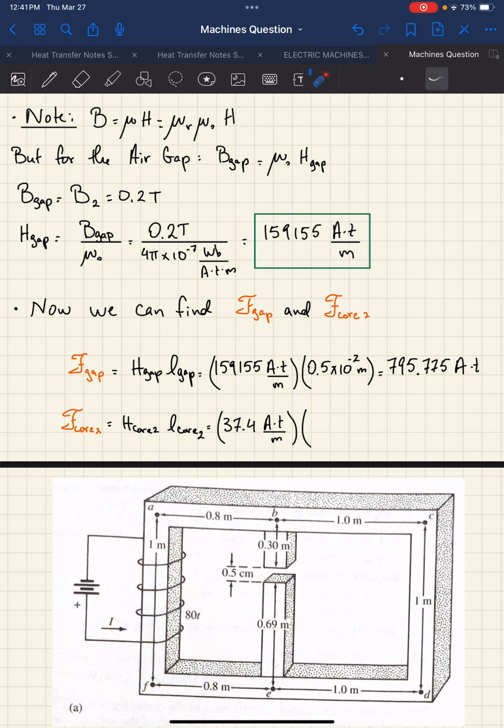The mean length of leg 2 is this distance plus this distance, which they were very kind enough to give to you. So it's 0.3 plus 0.69, so it's basically 0.99 meters. So F core 2 basically becomes 37.027 amp turns. So we got 2 of the voltages so far.